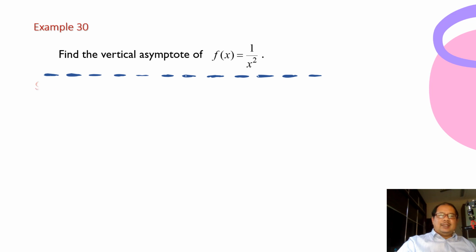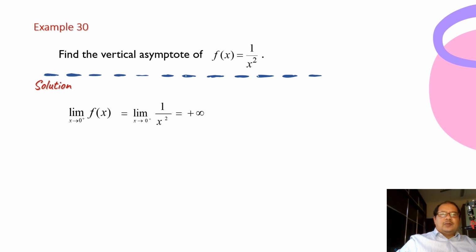So, we find the limit. Limit x approaches 0 from the right f(x). This is from the right here. It's a positive from the right. 1 over x squared, we get a positive infinity.